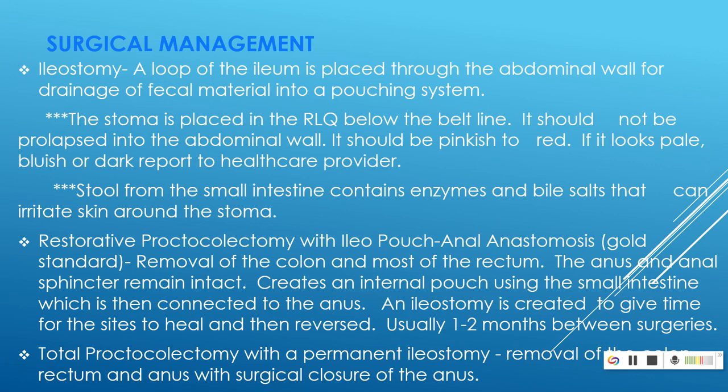Now, a total proctocolectomy with a permanent ileostomy is removing the colon, rectum, and anus with surgical closure of the anus. Now, I point this one out because, guys, when y'all take somebody's rectal temperature, you need to turn them on their side, spread their buttocks to find the rectum. Some people don't want to turn the patient, so they just bend their knees up and blindly stick the rectal probe in.